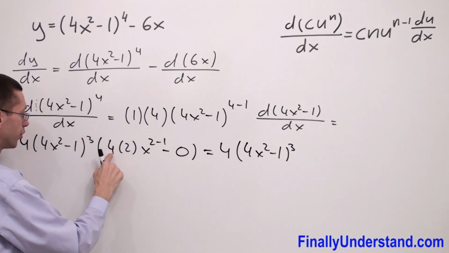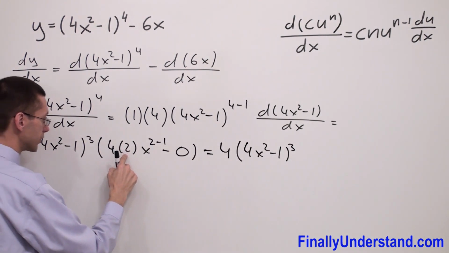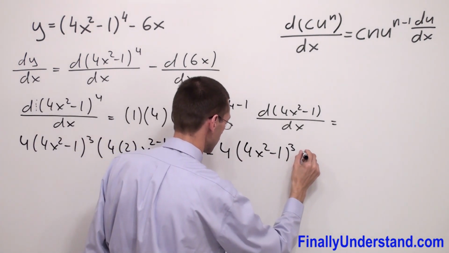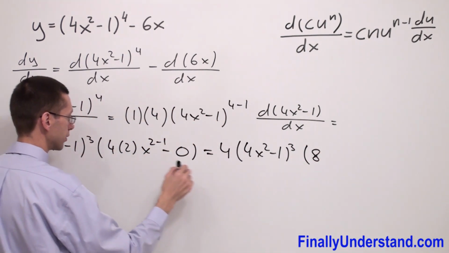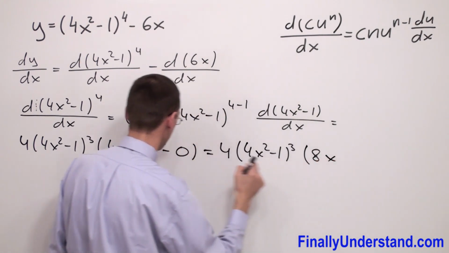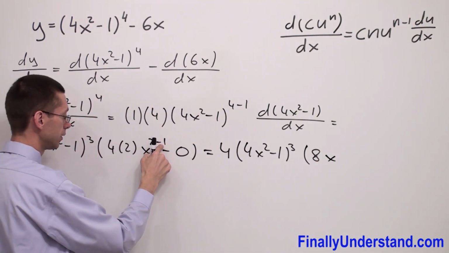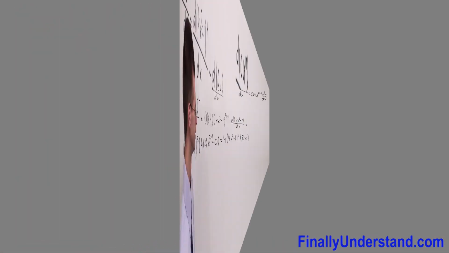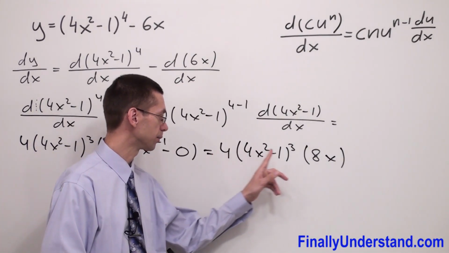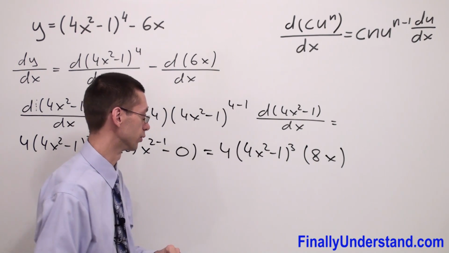Now I have 4 times 2 is 8. So I have times 8, and I have x. And I have 2 minus 1 is 1, so I don't have to write anything over here. Next, I have to multiply 4 times 8, which is equal to 32.